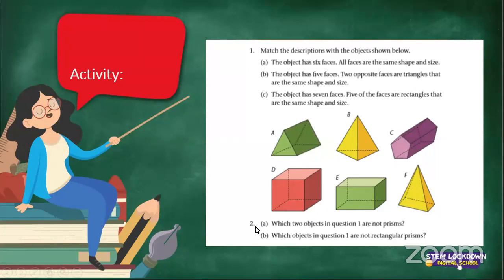Now let's go to 2A. Which two objects in question 1 are not prisms?